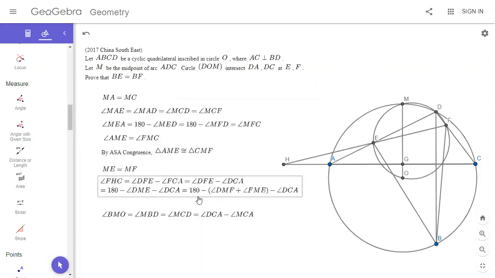So let's see. MCD is, yeah, we want to show these are equal.